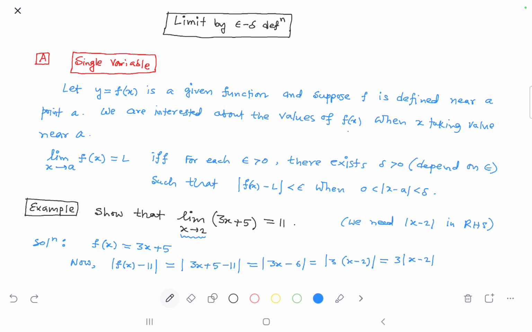All right. So let me write it here. What do we get? We get that the absolute value of f(x) minus 11 is nothing but 3 into the absolute value of x minus 2. Now let epsilon be greater than 0. So we select the epsilon. Now see.